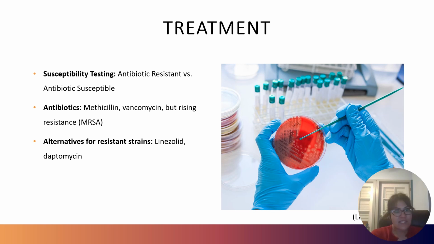Now, here's how standard treatment goes. When you go to the hospital, the first thing that they'll do is they test you to see if you are working with an antibiotic resistant strain or if the bacteria that you have is antibiotic susceptible. Because if it's antibiotic susceptible, different medication like methicillin is going to work beautifully. Penicillin is going to work beautifully.